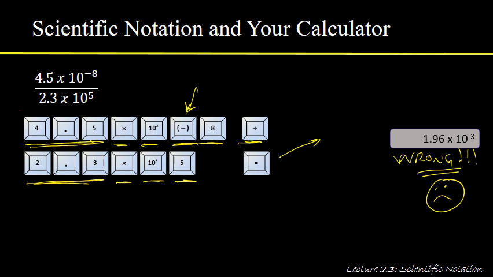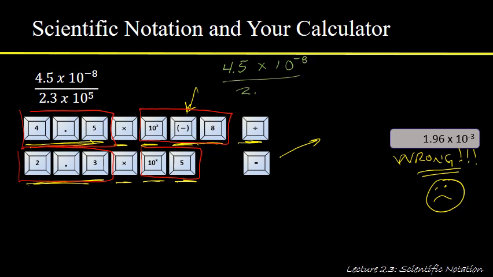Your calculator sees 4.5 times 10 to the minus 8 divided by 2.3 times 10 to the 5, right?